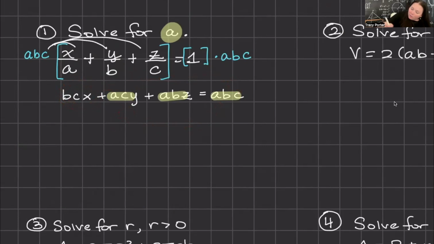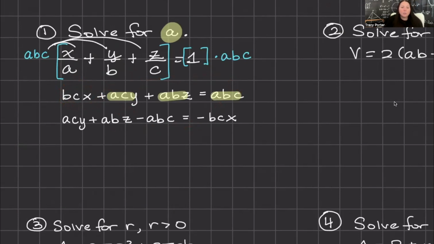So doing so, we've got ACY plus ABZ. We're going to subtract over the ABC, and then we're also going to subtract over the BCX. So it looks like this.